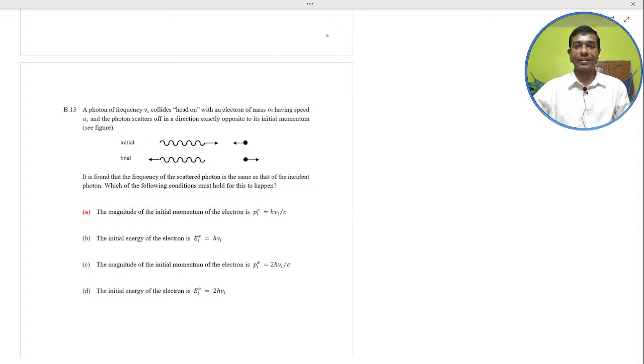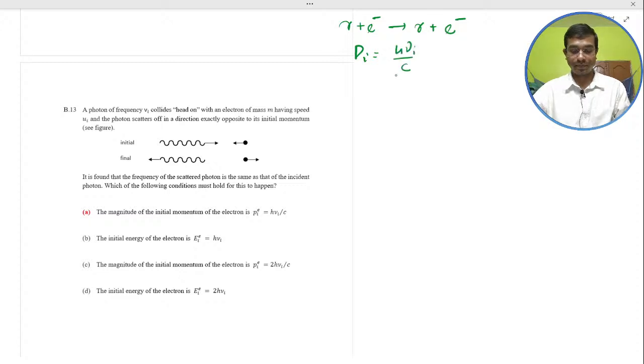Here the given interaction is gamma plus electron. So you can write the momentum pi is nu I by c. Let us assume the linear momentum of incident electron is minus p, and the scattered electron is plus p.